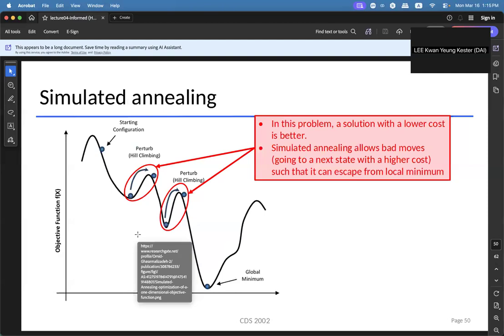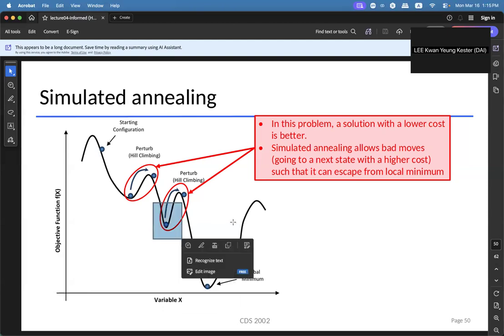For example, if all your genetic algorithm solutions are in this region that I highlighted here, then no matter how you do crossover, you always get stuck.